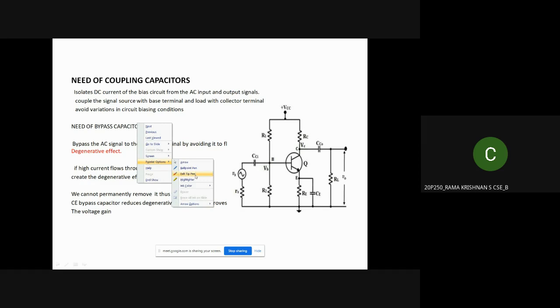The degenerative effect is caused when current flows through RE. This degenerative effect will proportionally cause less gain, which hurts the amplifier's performance, so it won't sell properly in the market. For that, we cannot permanently remove RE. Thus, the presence of the bypass capacitor reduces the degenerative effect and improves the voltage gain.